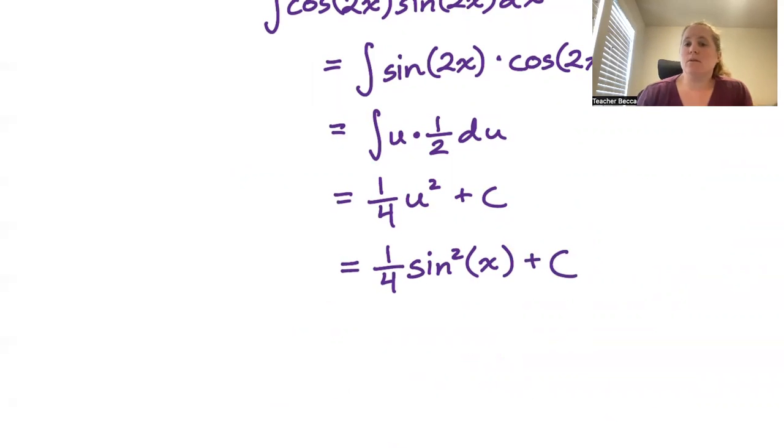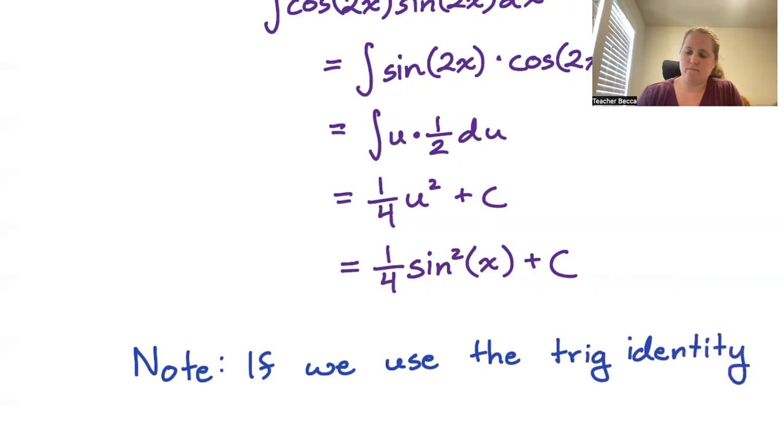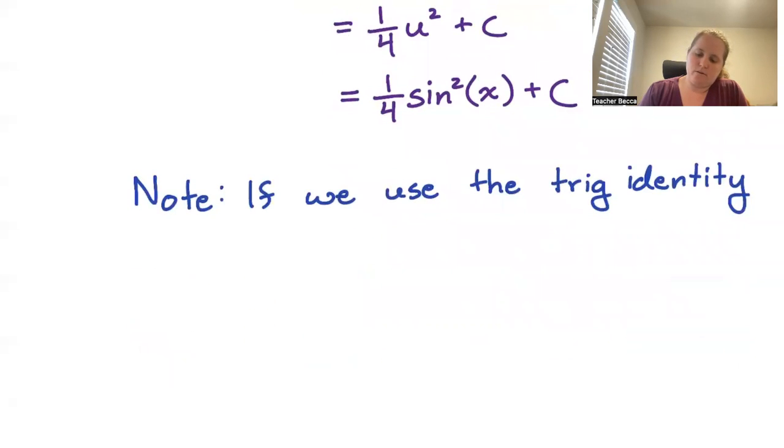Now, these don't look exactly the same, but note, if we use the trig identity of cosine squared plus sine squared.